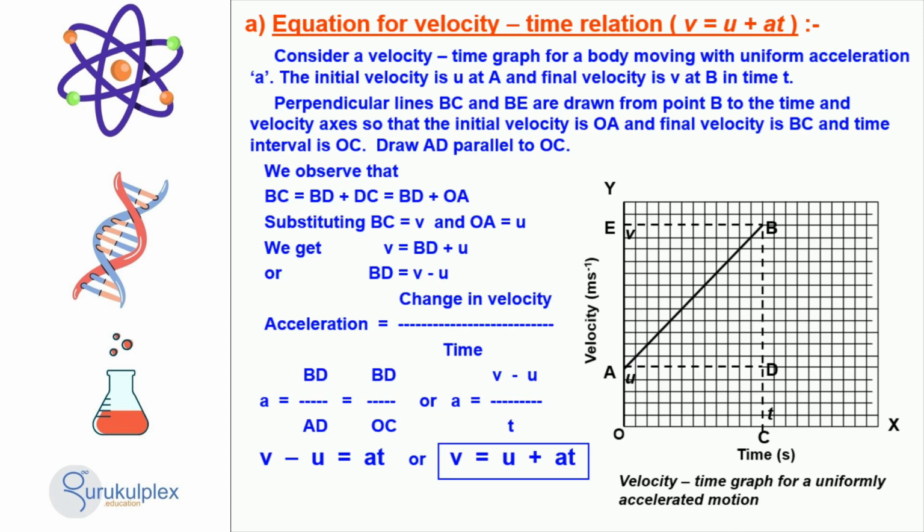Line AD is drawn parallel from point A and the equation for velocity-time relation can be derived from the respective values of acceleration, time, initial and final velocity. Therefore, the equation tells us that the final velocity of the object will be equal to its initial velocity plus the product of its acceleration and time.